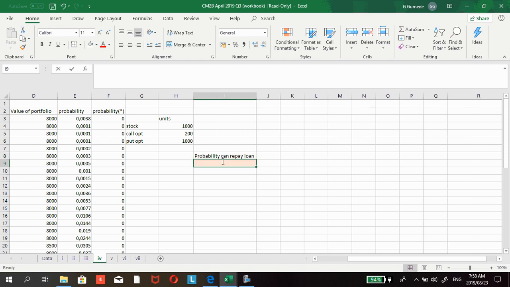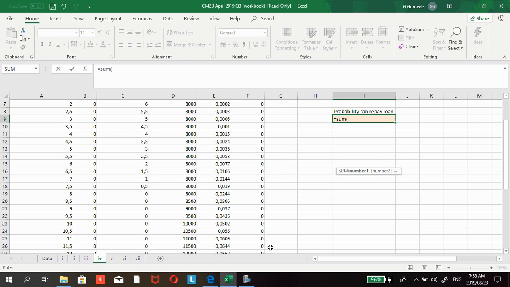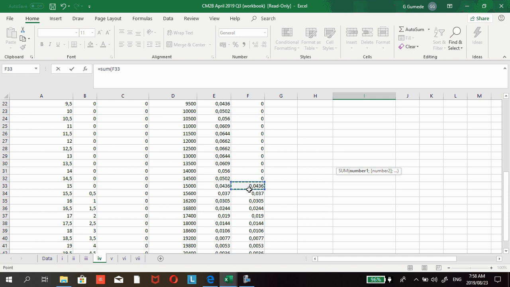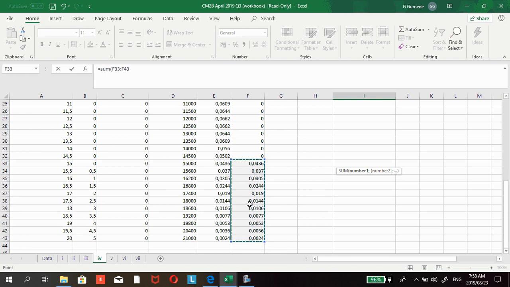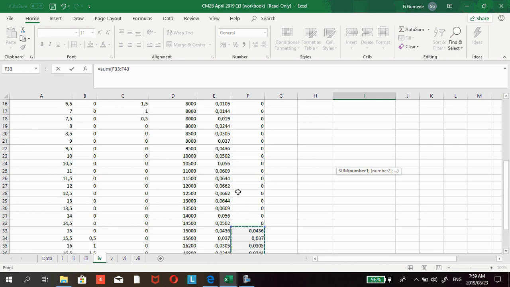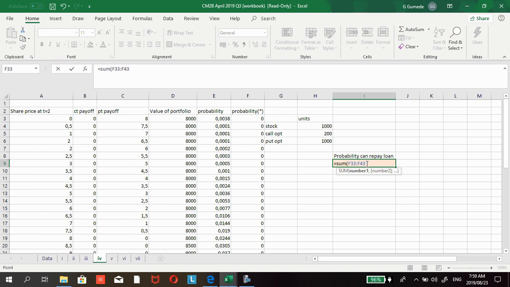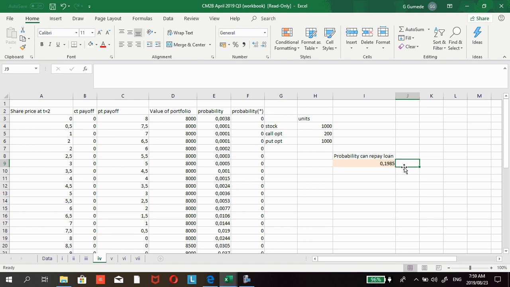It will just be the sum of these probabilities here, because all these here have a value greater than $15,000. Okay. And I'm going to close my bracket. So I see there my probability is 0.11985.